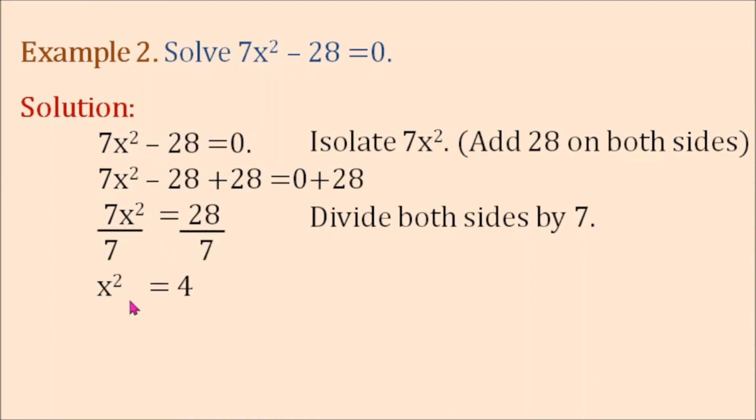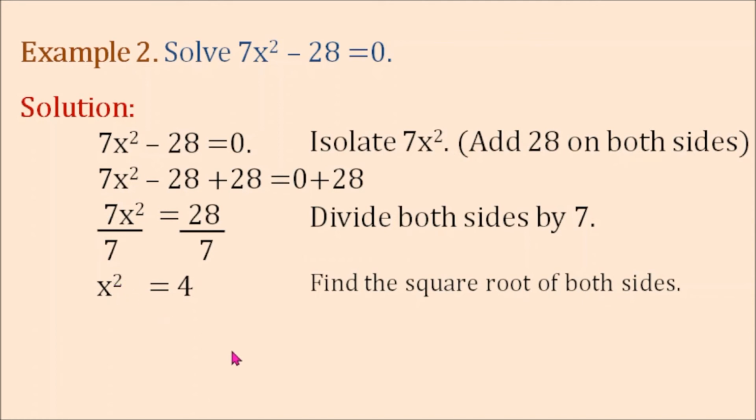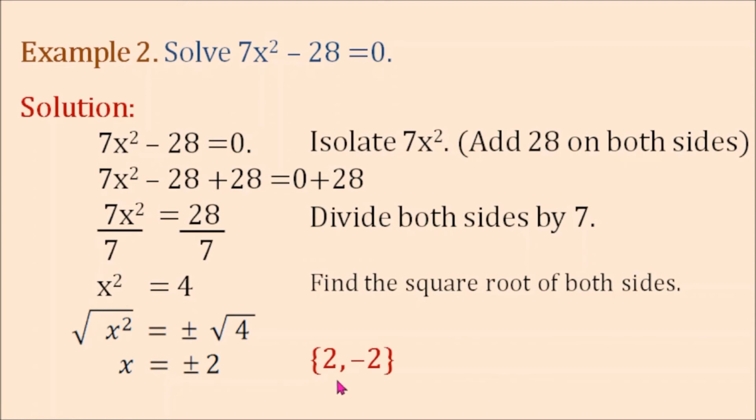So we have x squared equals 4. Now we are going to find the square root of both sides, that is to get rid of the square there. So the square root of x squared equals the positive and negative square root of 4. And of course, simplifying, we have x equals positive and negative 2. And this means the solutions are 2 and negative 2.